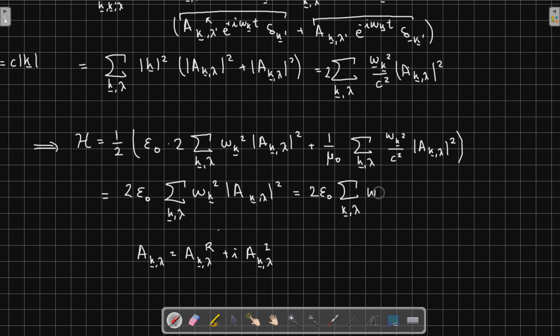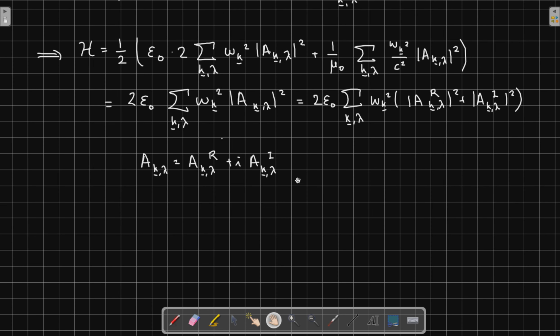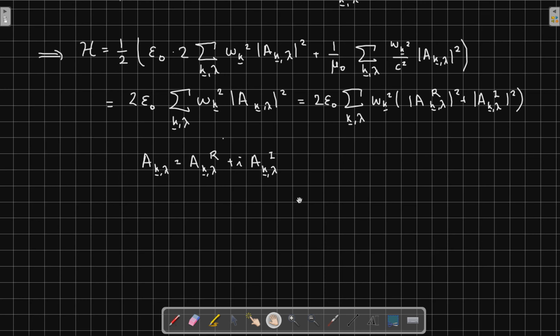And if you do this, you will get omega k squared times A k lambda real squared plus A k lambda imaginary squared. Now this is starting to resemble more and more the Hamiltonian of a harmonic oscillator. Why? Because it contains two quadratic terms. This omega k squared is hinting at some sort of angular frequency of an oscillator.